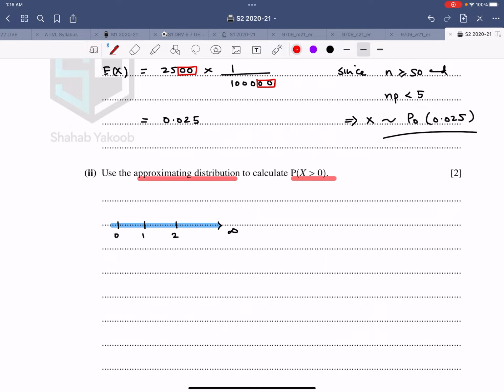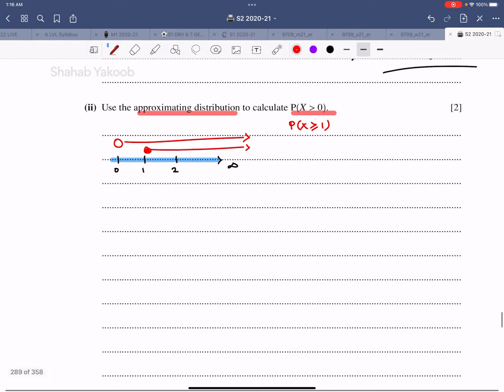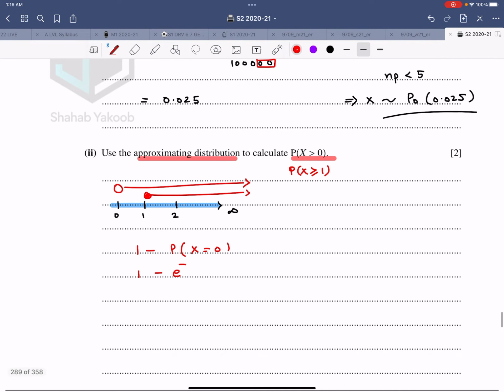So probability X is greater than 0 is basically probability X is greater than or equal to 1. So that is 1 minus probability X equals 0, 1 minus e raised to the power of negative 0.025, and then you evaluate and you get this answer.